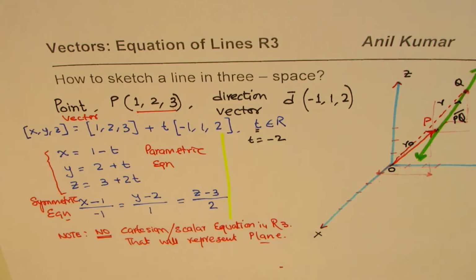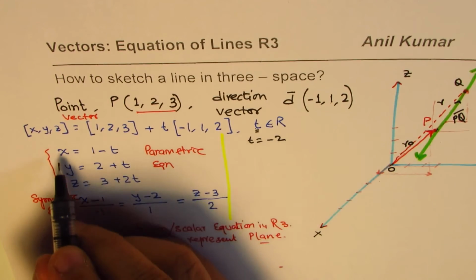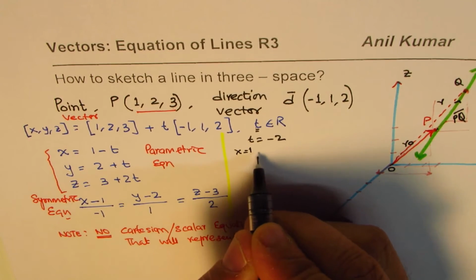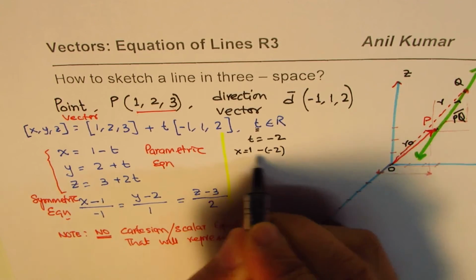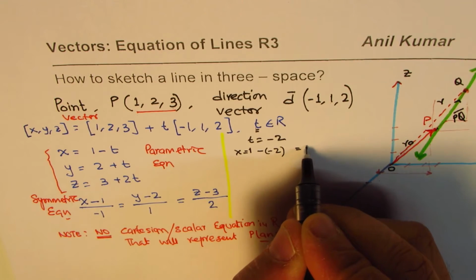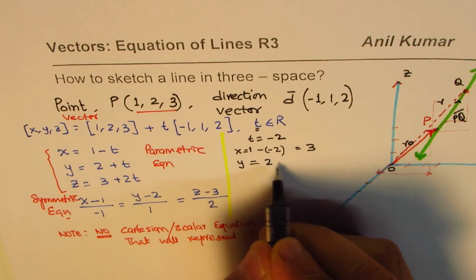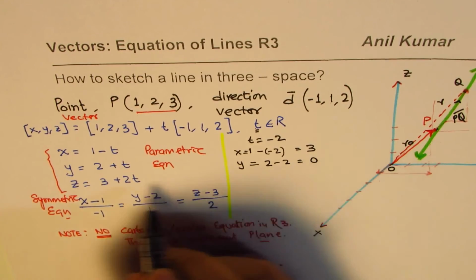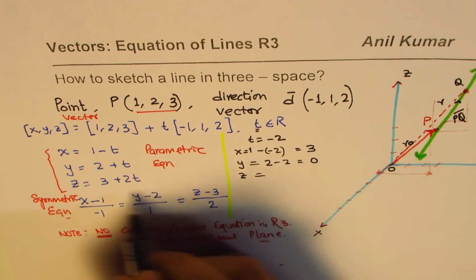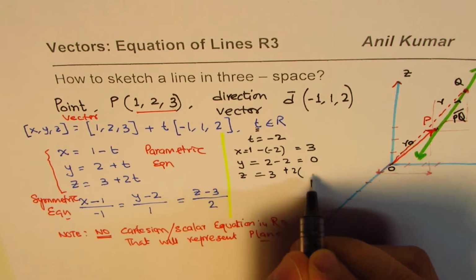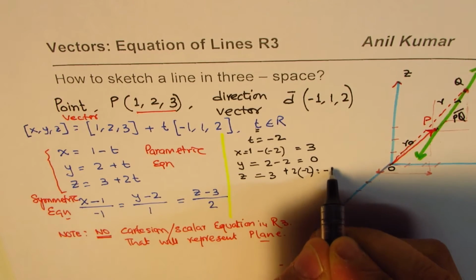Okay, so if I write t equals -2, then x will be equal to 1 minus -2, that is 1 plus 2, which is 3. y will be 2 minus 2, which is 0, and z will be 3 plus 2 times -2, which is -1.